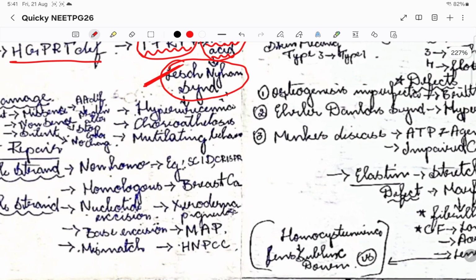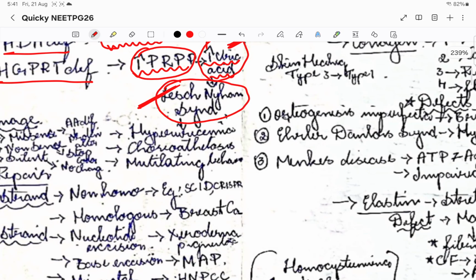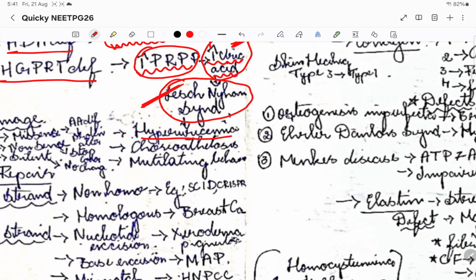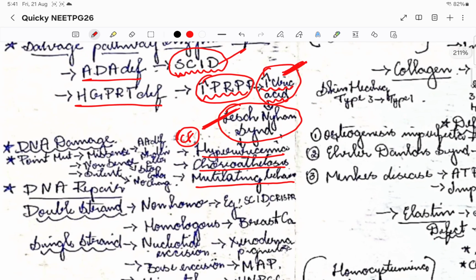Lesch-Nyhan syndrome is gonna have the features of hyperuricemia, because uric acid is increased. Then chorioathetosis can be seen, then mutilating behaviors can be seen. These are the three main symptoms of HGPRT deficiency, or to be precise, Lesch-Nyhan syndrome.